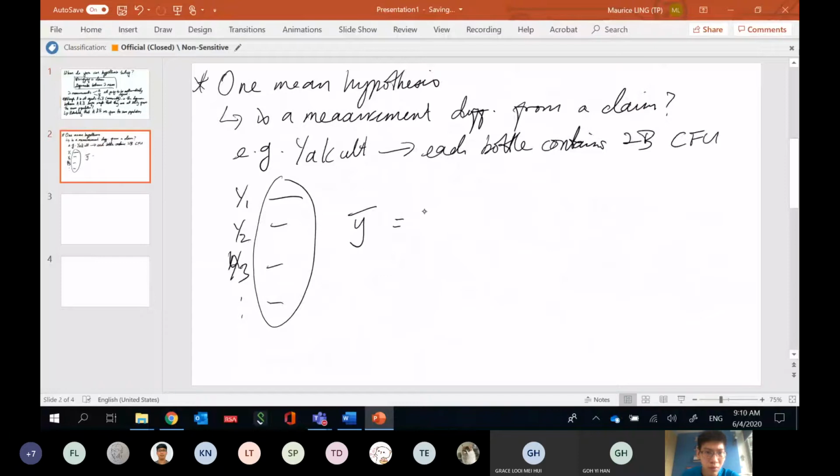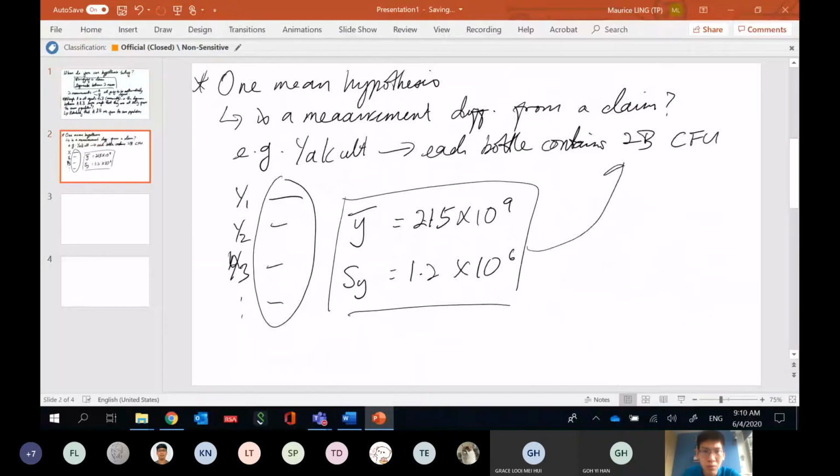Maybe the average count is 2.15 times 10 to the power of 9. You have the standard deviation, which is maybe 1.2 times 10 to the power of 6. Does it meet the claim? Okay. Is this different enough that it may not be from the same population?